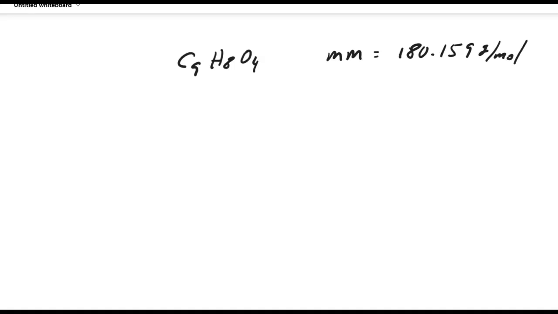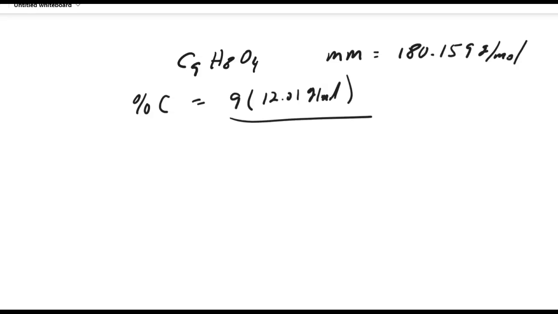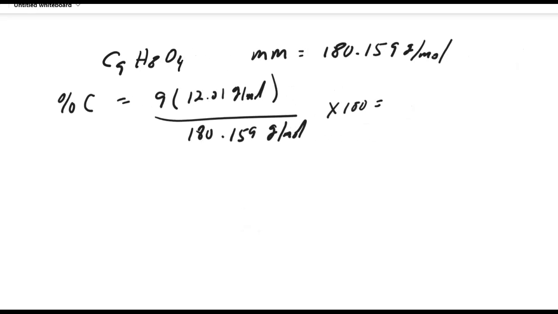Percent carbon is going to be 9 carbons times 12.01 grams per mole divided by 180.159 grams per mole times 100. And hopefully you got 60%, not 6%, 60% carbon.